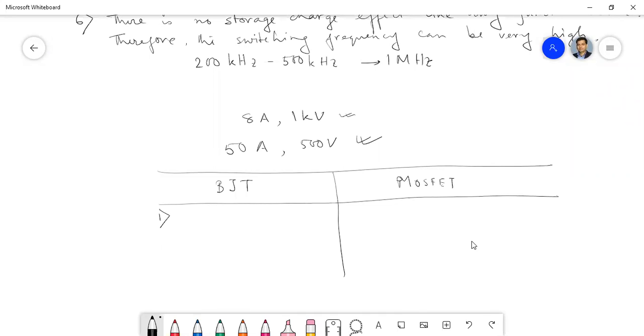For BJT, it is low as compared to MOSFET, and therefore the steady state power loss is less.